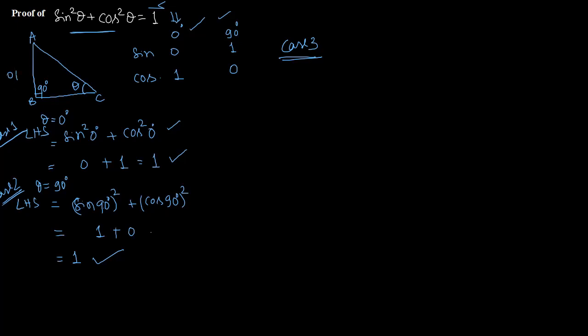Opposite to that, this is going to be opposite, this is going to be adjacent, and that is my hypotenuse. So let's go back again. We'll use the same LHS, sine square theta. Sine theta will be equal to opposite by hypotenuse. In this scenario it is AB by AC, and cos theta is going to be BC by AC.